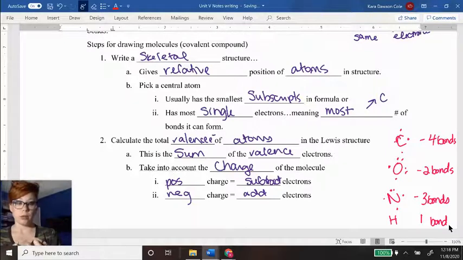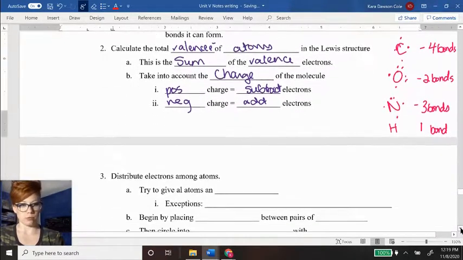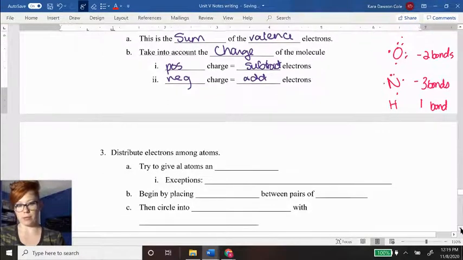So chlorine, bromine, and iodine can be your central atom, and they can have more things bonded to them. This is due to the expanded octet for d orbitals. So hydrogen can form 1 bond, carbon can form 4 bonds, oxygen 2 bonds, nitrogen 3 bonds. That's your big thing that you can do with this, okay? It might help you open up a problem for you, that type of thing.